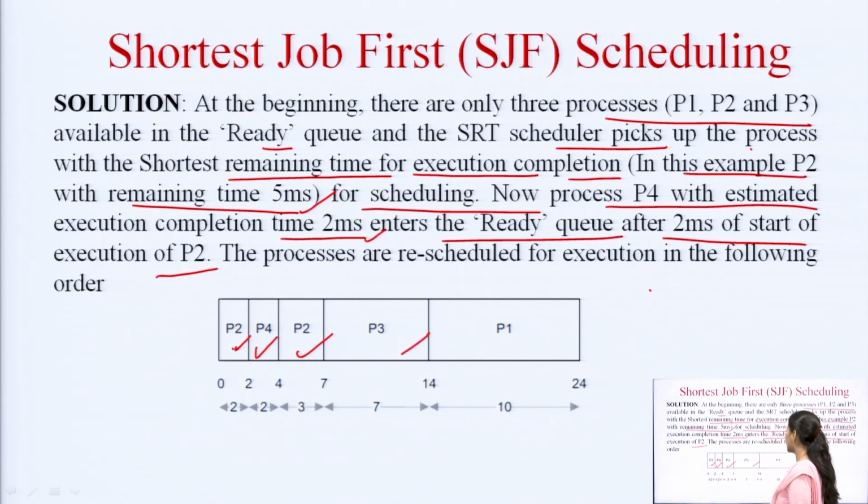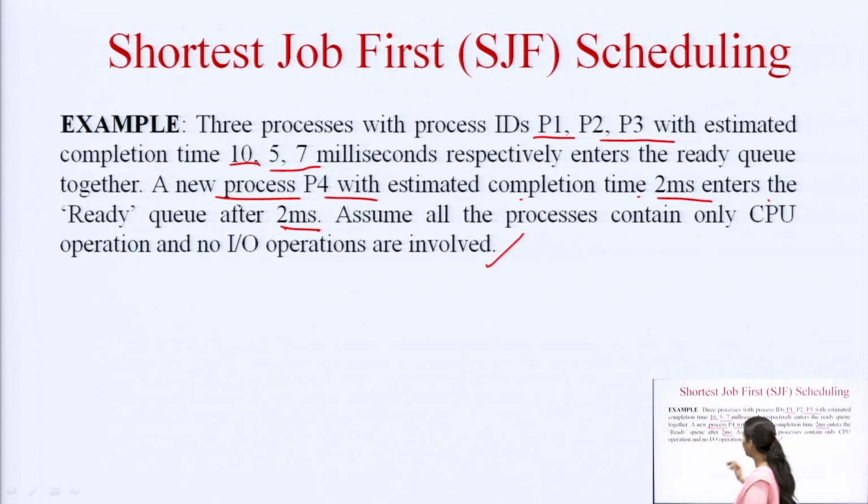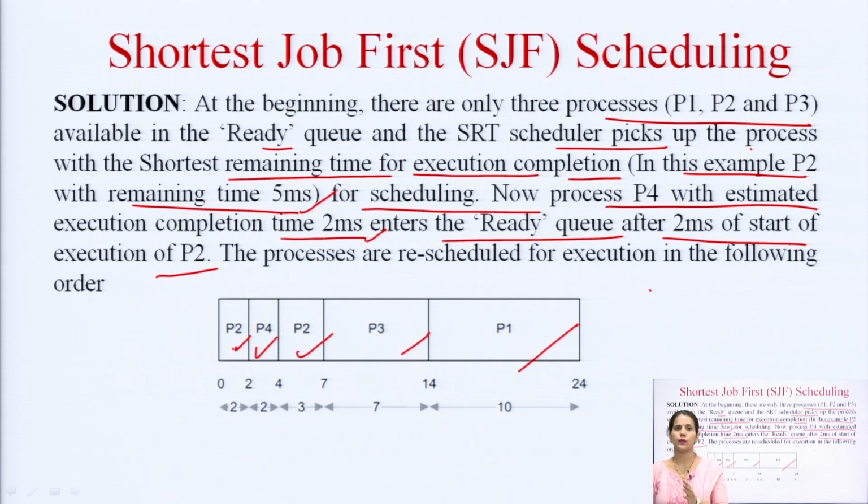Then P3 will be executed and P1. So, the whole scenario has been changed due to the entry of the P4 process in between, which is having a very small execution time. Since the process which is having the least execution time has entered the queue, that is why the priority has been given to that particular process.